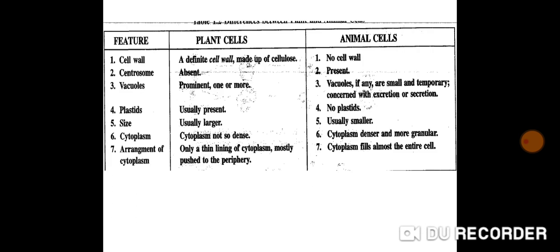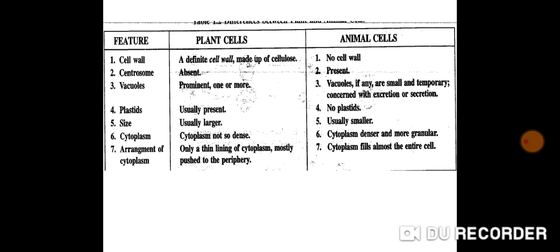And coming to the discussion about the differences that we see between plant cell and animal cell. To start with the first feature, cell wall. Cell wall is a definite cell wall made of cellulose, present in plant cells, but it is absent in animal cells.